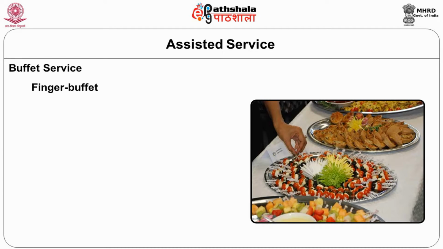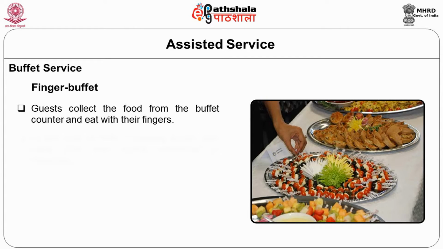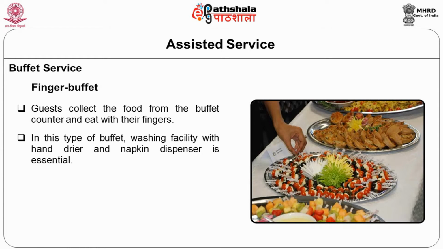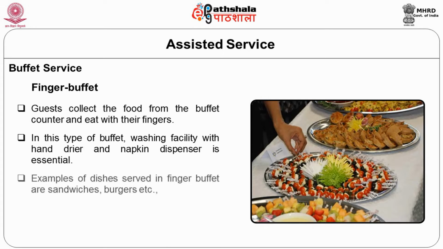In a finger buffet, guests collect the food from the buffet counter and eat with their fingers. In this type of buffet, washing facility with hand dryer and napkin dispenser is essential. Examples of dishes that are served in a finger buffet will be sandwiches, burgers, etc.